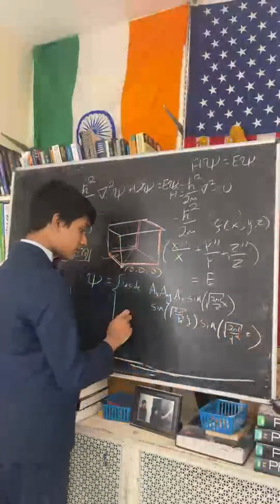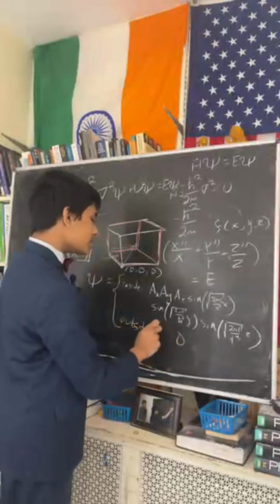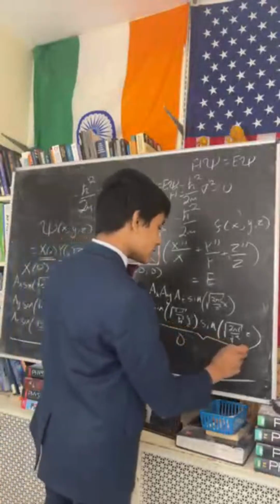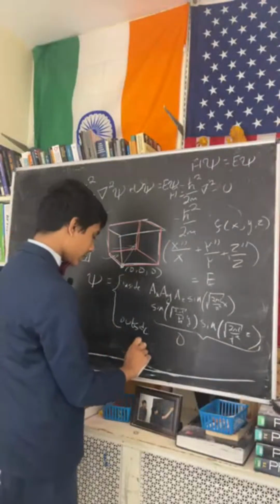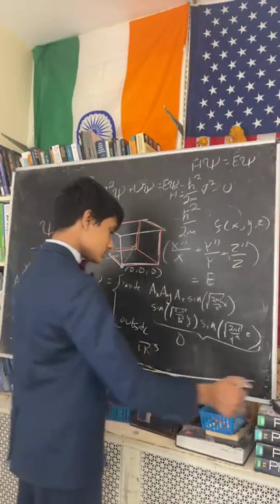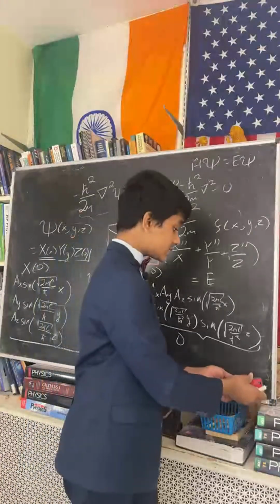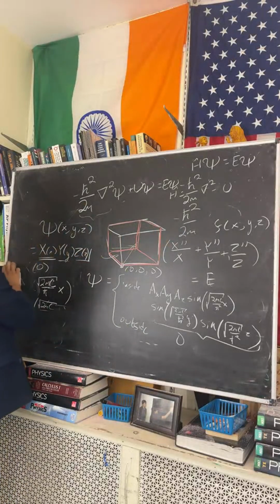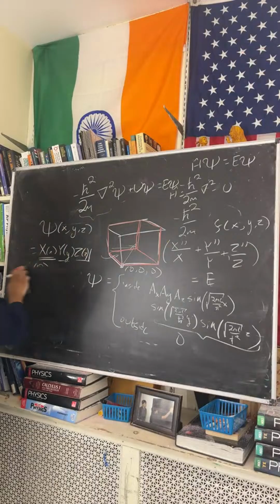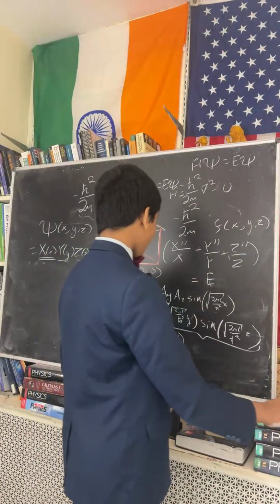And on the outside, we're going to get 0. And things are going good for us so far, because this has a determinate integral over the entirety of R cubed, which means that we can actually normalize this wave function. If our wave functions come out normalizable, that means our wave functions have physical meaning. And that also means that we're on the right track.